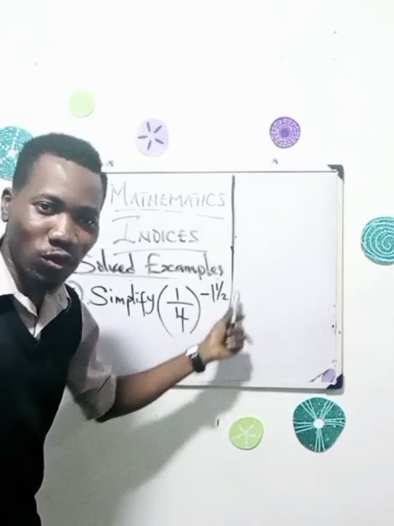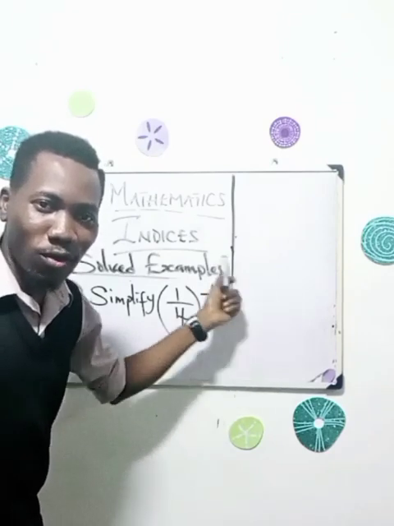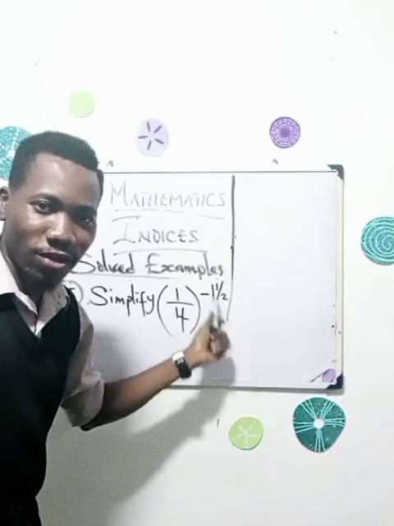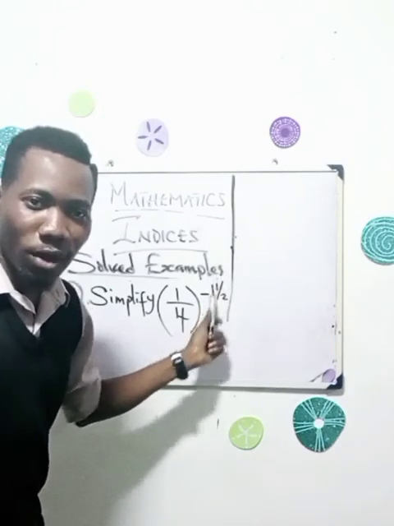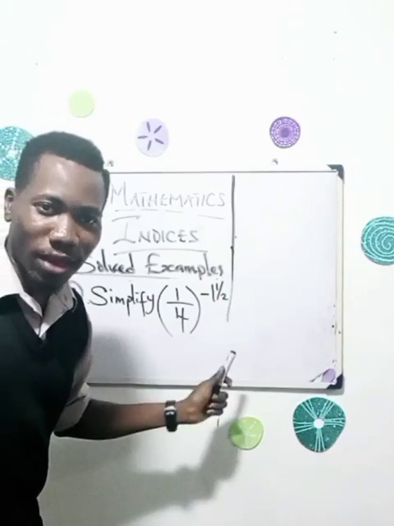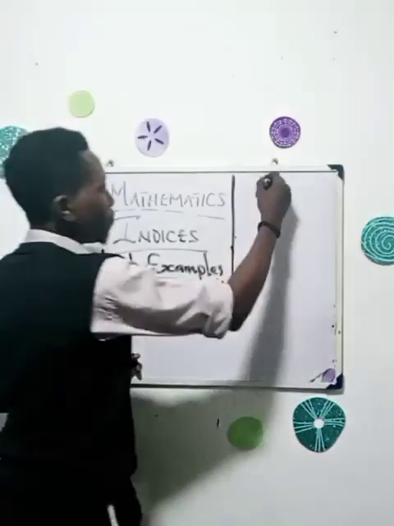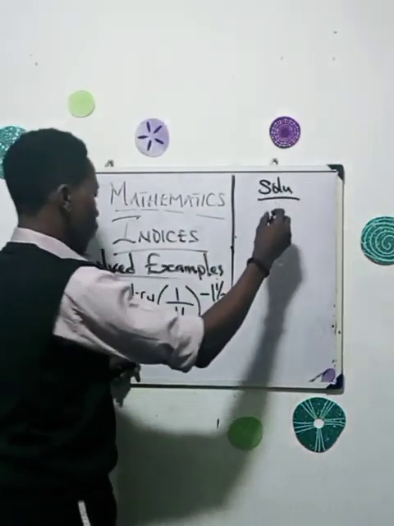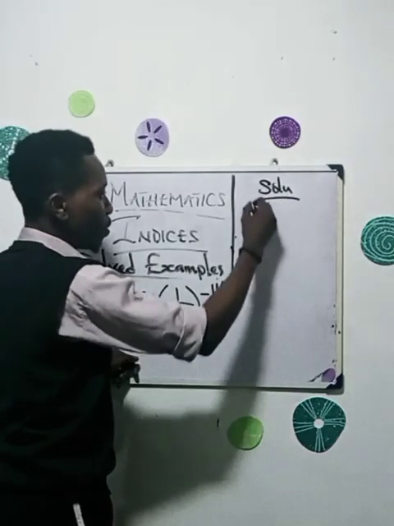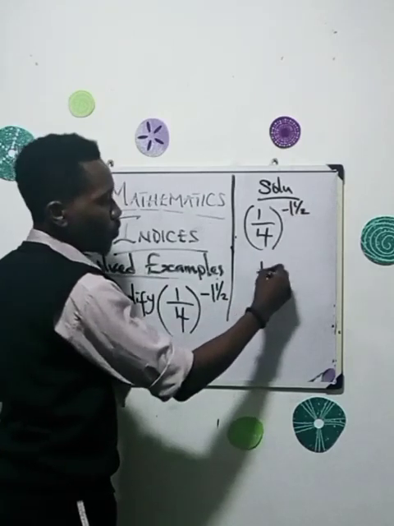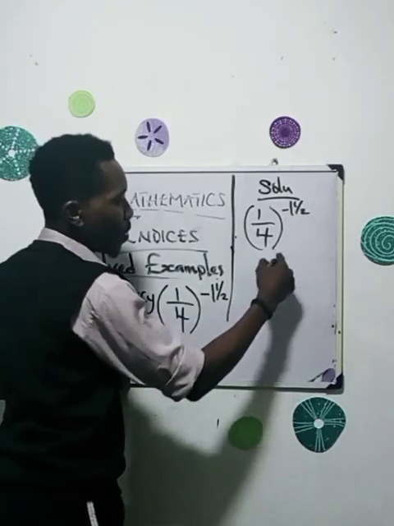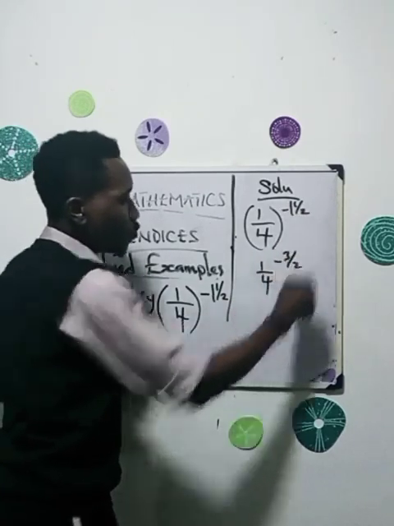Change 1 and 1 over 2 to an improper fraction. That will give you 2 times 1 is 2, plus 1, 3 over 2. So 1 over 4 raised to the power of minus 1 whole number 1 over 2 will give you 1 over 4 raised to the power of minus 3 over 2.